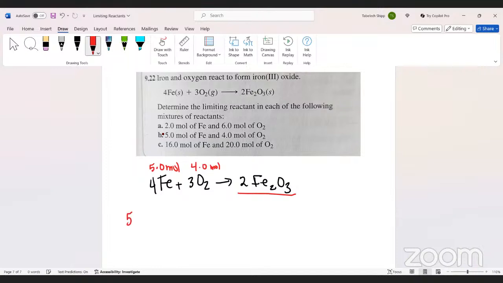So for this one, you should say 5.0 moles of iron, because that's the first one that we're going to do, times. On the very bottom, you're going to use the coefficient 4, so I'm going to write 4 moles of iron. And on the very top, I'm going to use this coefficient here, so I'm going to write 2 moles of iron 3 oxide.